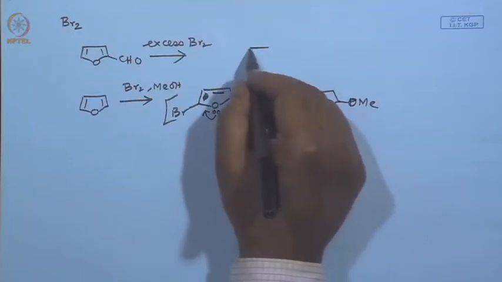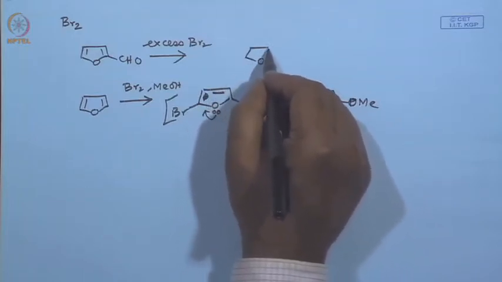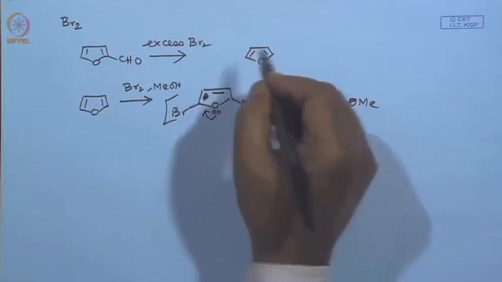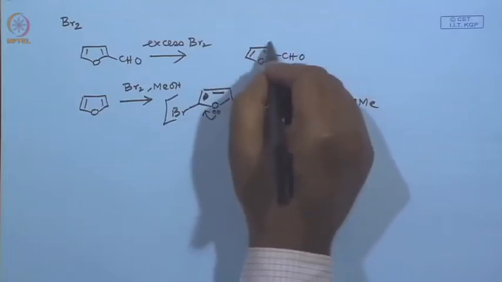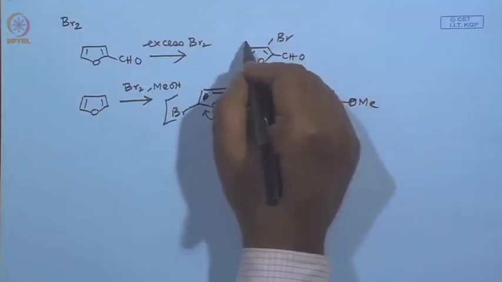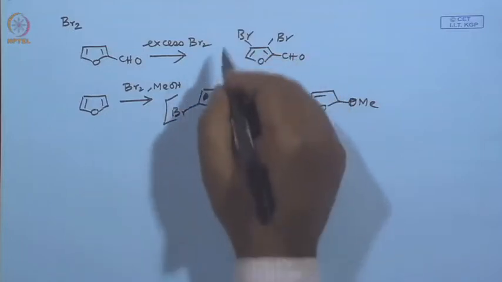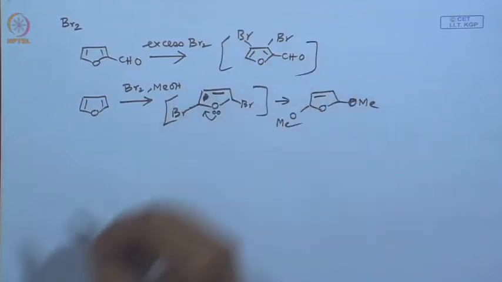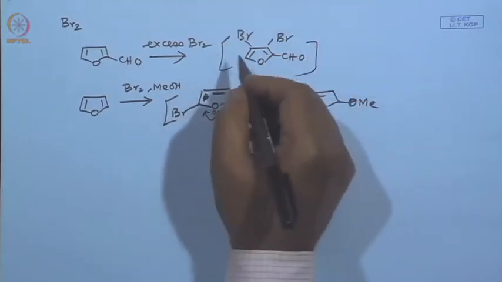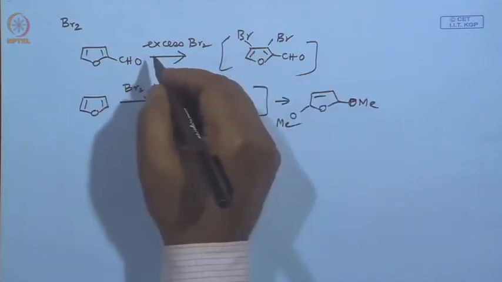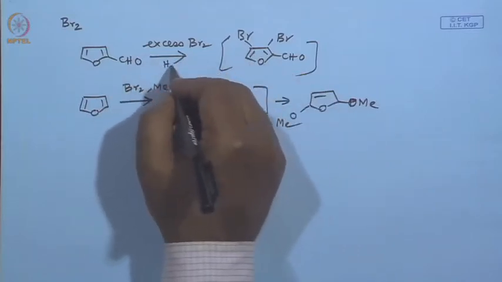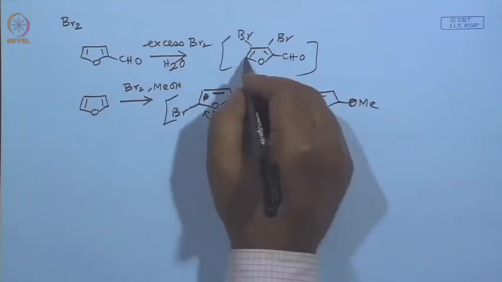That means, what I can say, CHO here, and the nuclear bromination can also take place, right. When I say 5 molecules of bromine, of course the water is there and this bromine.